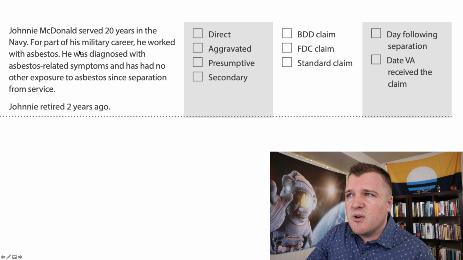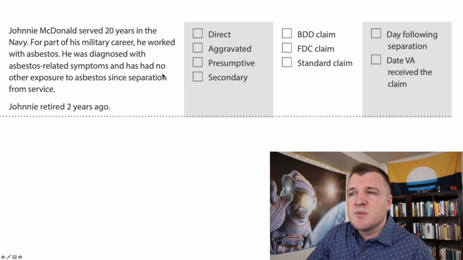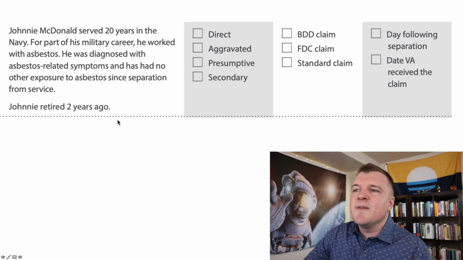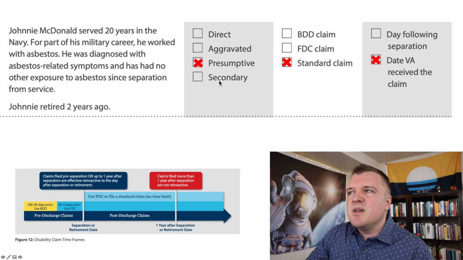Next example, Johnny McDonald served 20 years in the Navy. For part of his military career, he worked with asbestos. He was diagnosed with asbestos-related symptoms and had no other exposure to asbestos since separation from service. Johnny retired 2 years ago, so he's a retiree. However, this would be presumptive.